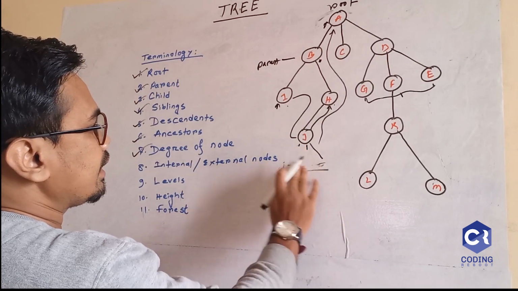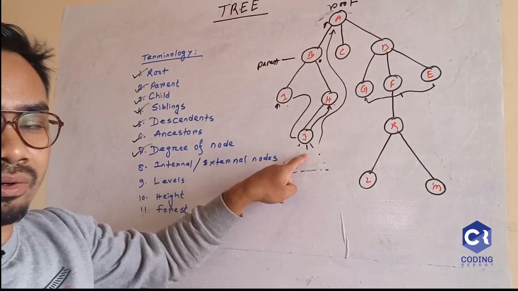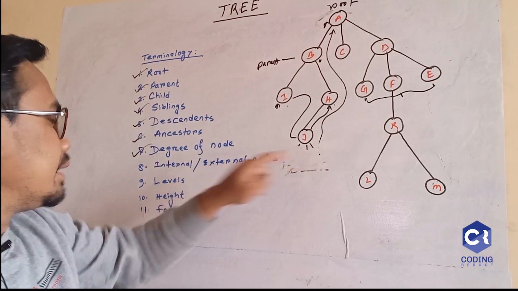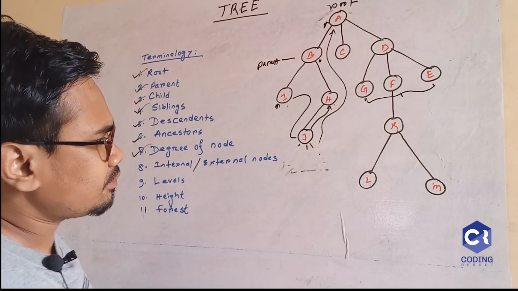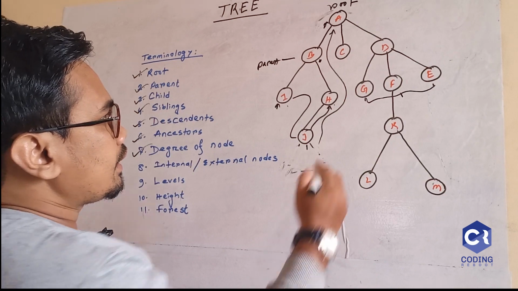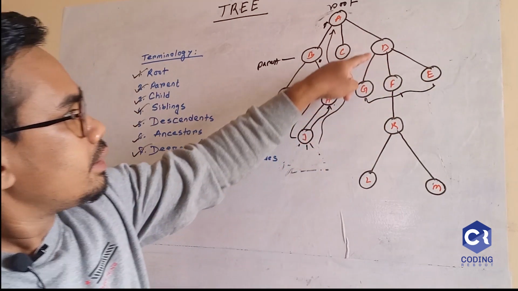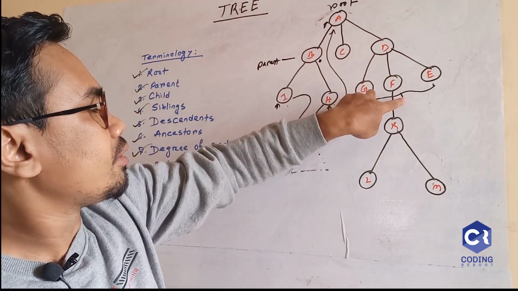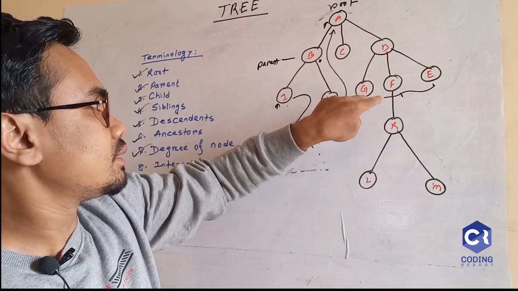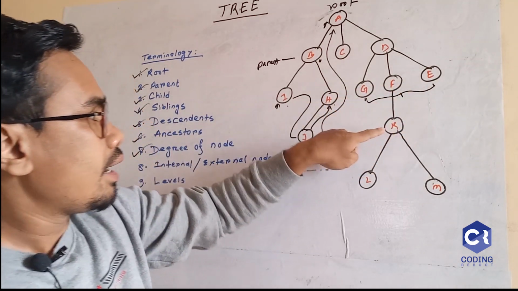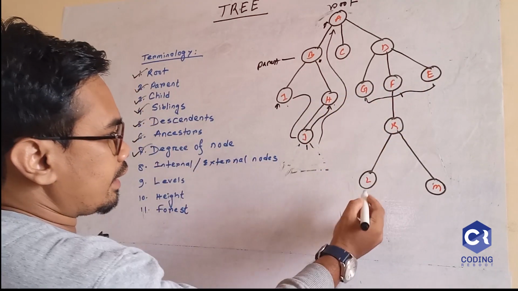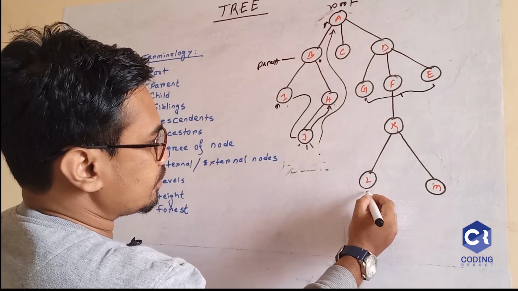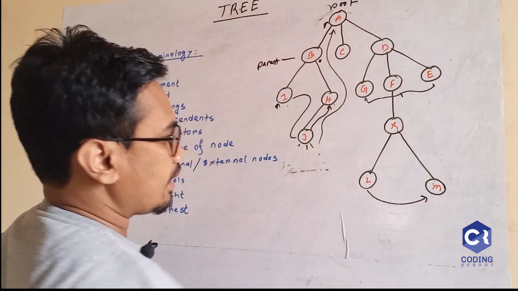That means it has 0 degree. And D has a degree of 3 because there are 3 children, that is G, F and E. And K has degree 2, that is L and M.